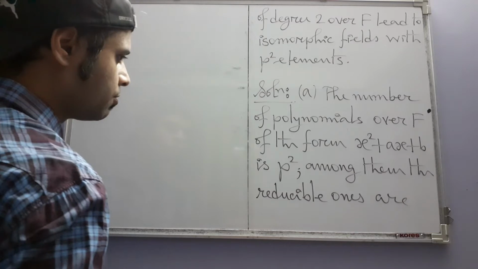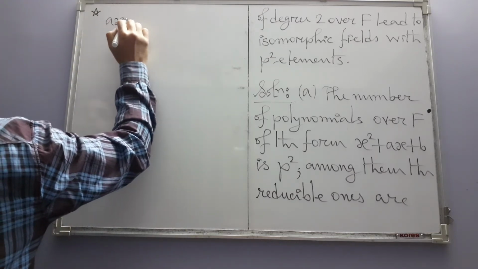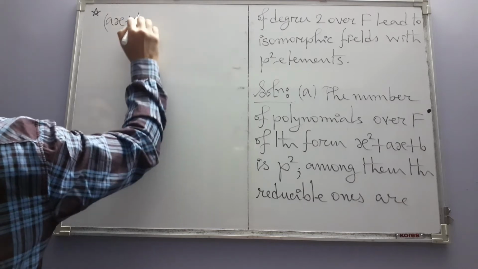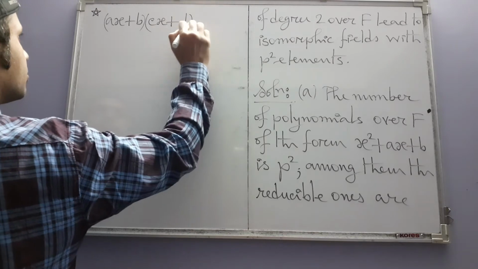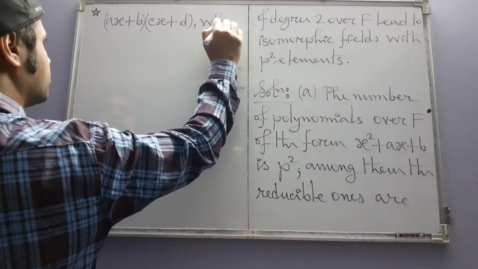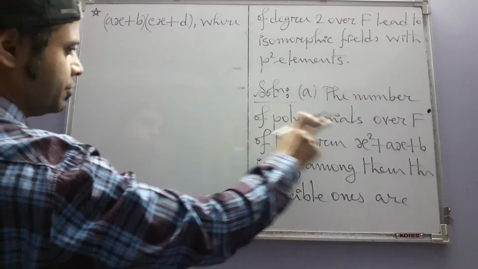The reducible ones are (ax plus b) times (cx plus d), where, do not confuse this a and b with this a and b.